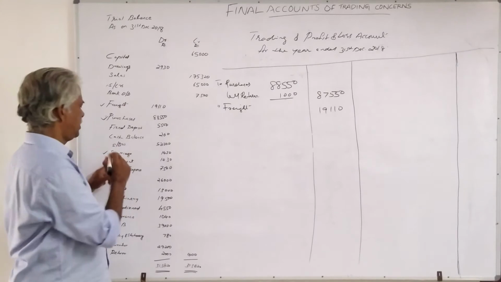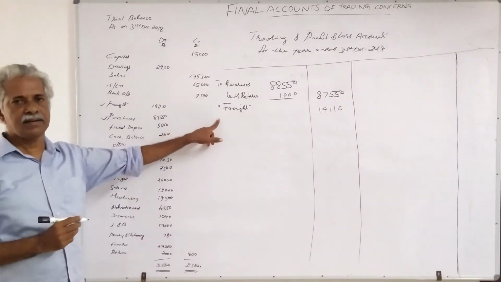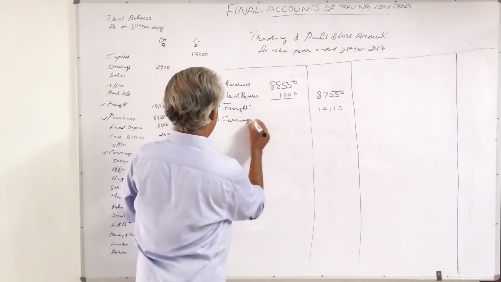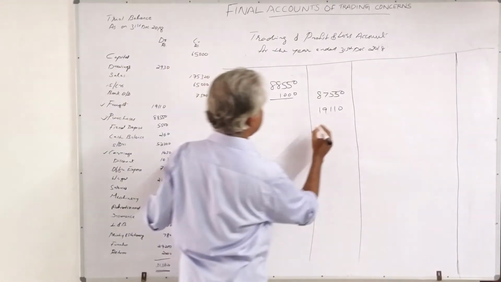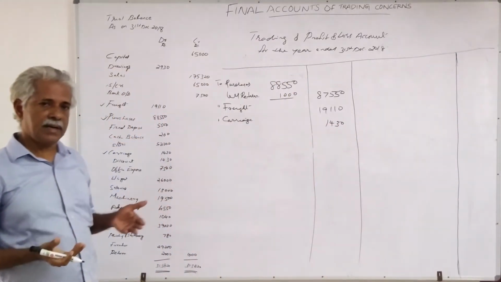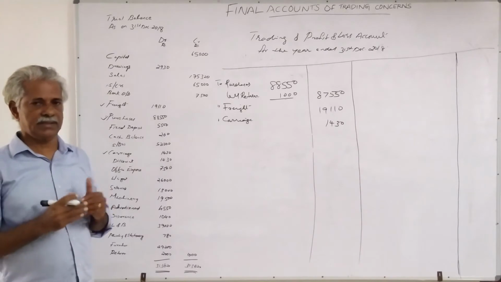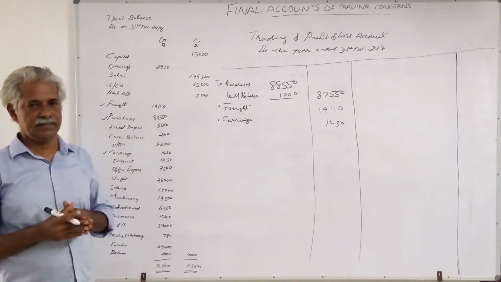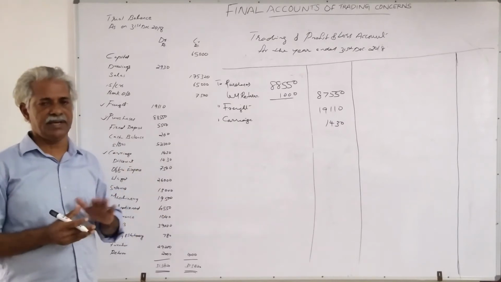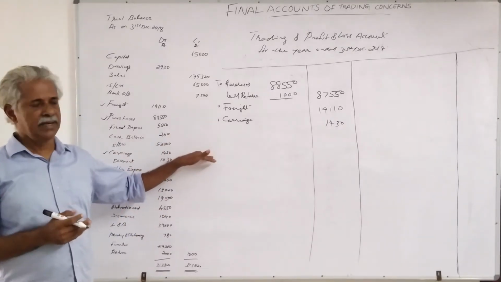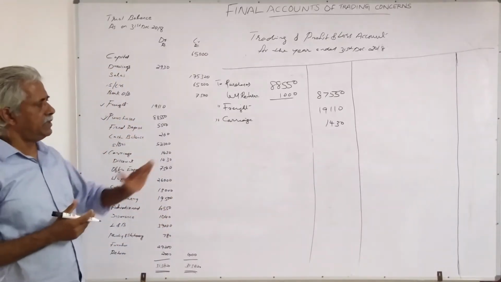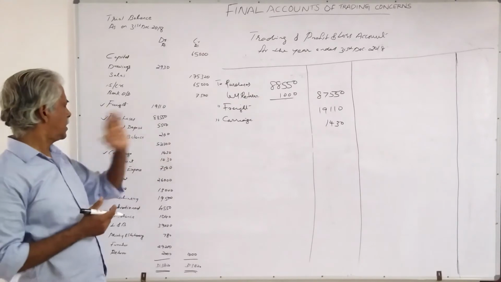On that assumption, it can be taken in the trading account. To carriage 1,430. This carriage is also called carriage inwards or carriage on purchases. Any expense paid in connection with the purchase is a direct expense. Here we assume that this carriage is paid in connection with the purchase. So it is debited in the trading account.